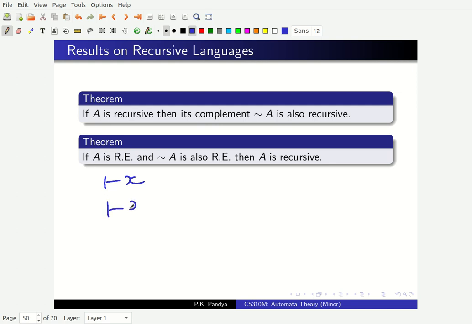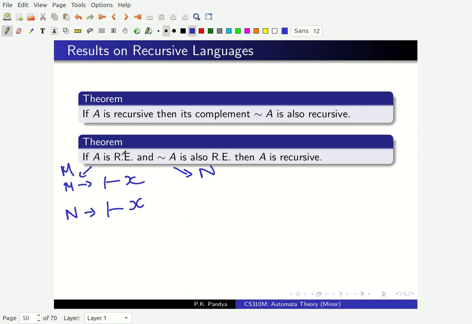I will make a copy of X on both tapes, and suppose the Turing machine for A is called M, and the Turing machine for not A is called N, because both are RE, they will have their own different Turing machines. And then I start Turing machine M on the first tape and Turing machine N on the second tape, and I run them simultaneously. So I have a multi-tape Turing machine which will do one transition of M and one transition of N simultaneously.